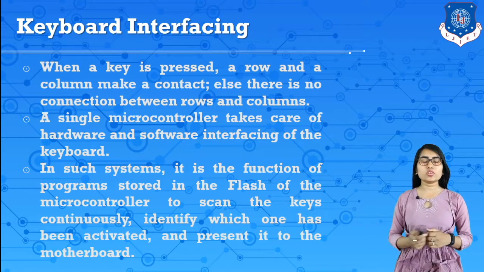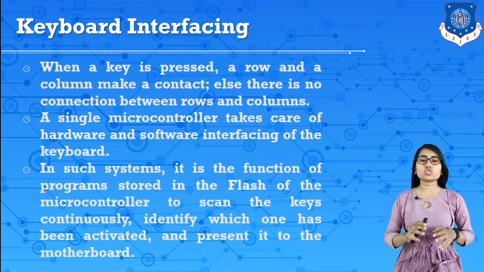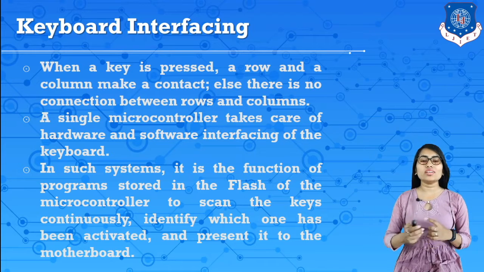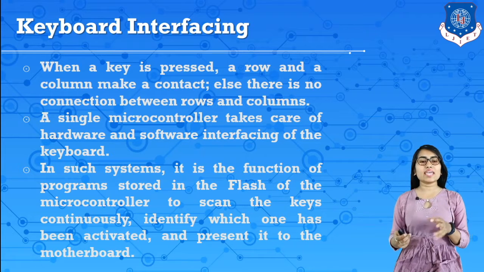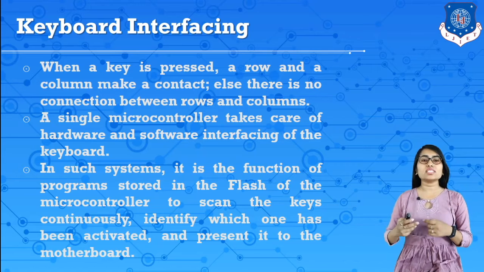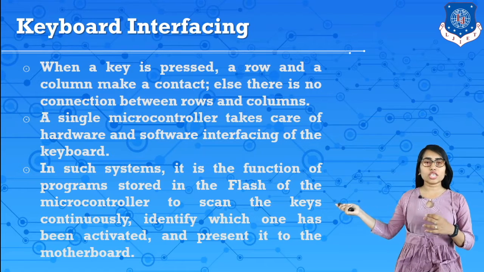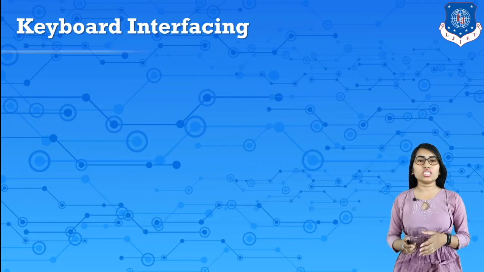In such a system, it is the function of a program stored in the flash of the microcontroller to scan the keys continuously, identify which one has been activated, and present it to the motherboard. So the microcontroller continuously scans the keys and identifies at which key a row and column make contact, and these characters are presented to the motherboard. This is how the keyboard works when any key is pressed.